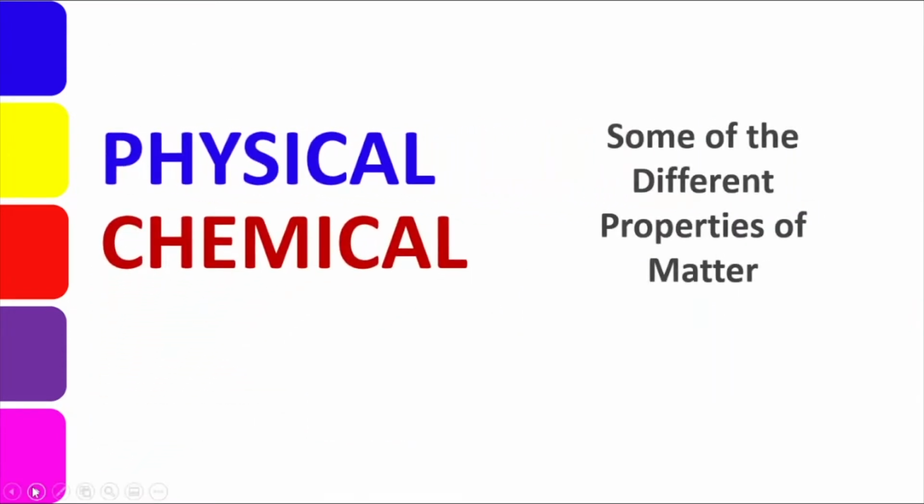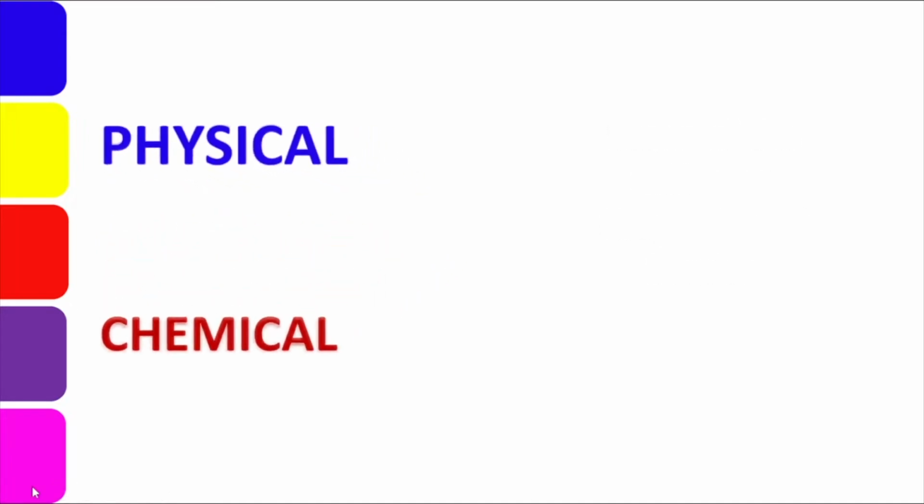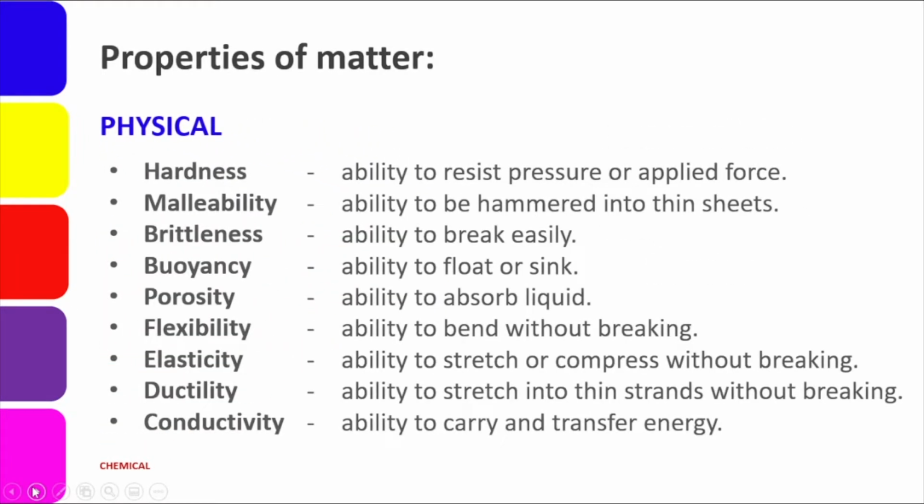Let us now talk about some of the different properties of matter pagdating sa physical and chemical changes. So for the properties of matter under the physical change, we have the hardness, malleability, brittleness, buoyancy, porosity, flexibility, elasticity, ductility, and conductivity.